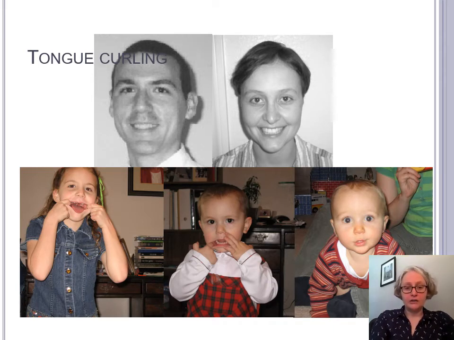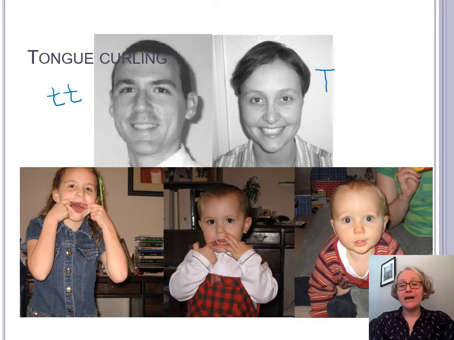This right here, Dr. Miller, he's a great guy, but he cannot curl his tongue. So his genotype is little t, little t. And there's me, and you know that I can curl my tongue. And so you know that I'm big T, but you're not sure about the other part. Am I big T, big T, or am I big T, little t?